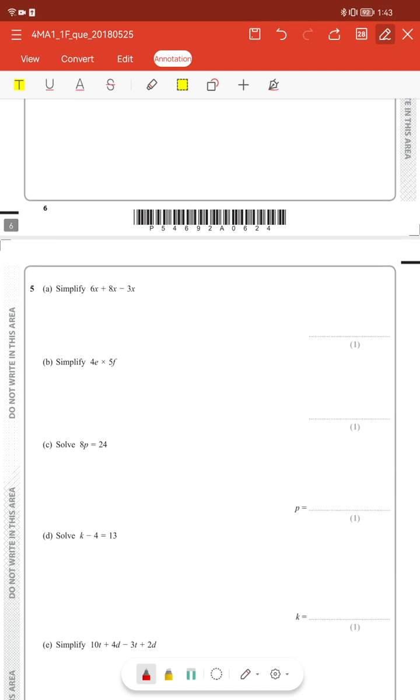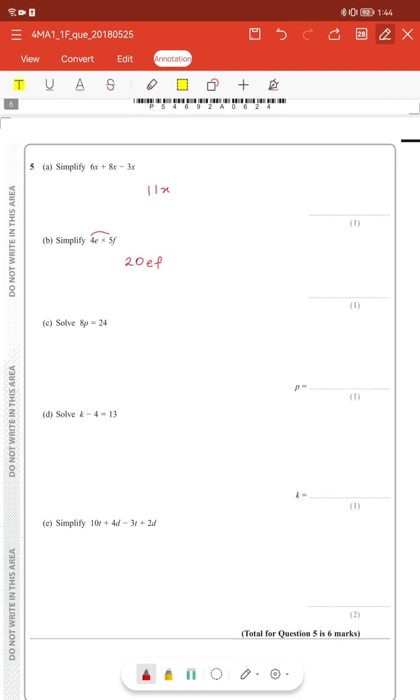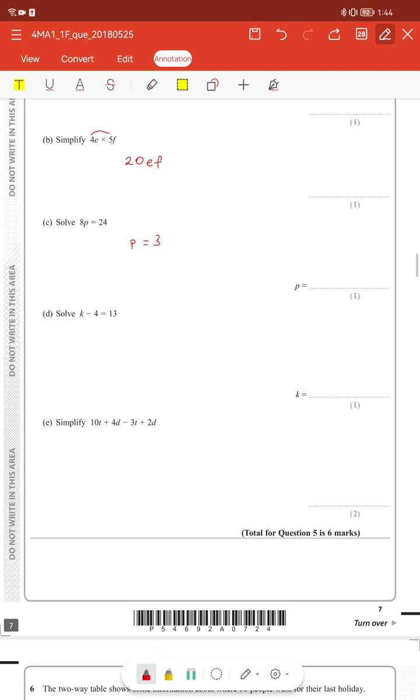If we simplify this, well, 6x plus 8x is 14x, minus 3x is 11x. When we do this, we times numbers, and then we times each letter. If 8p equals 24, we divide each side by 8, so p equals 3.